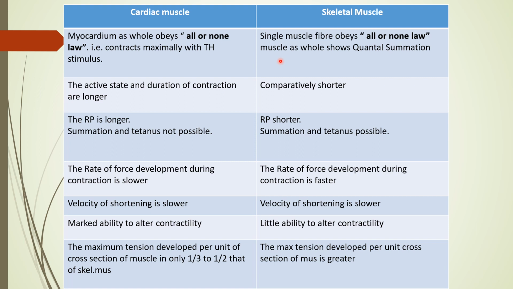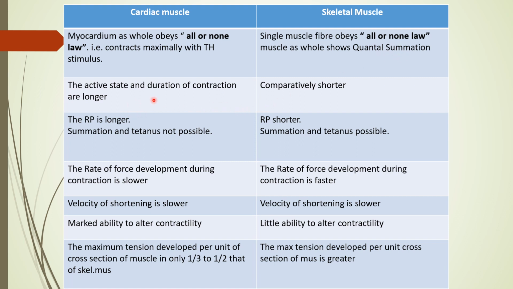In the skeletal muscle, only one muscle fiber obeys the all or none law because the whole muscle shows quantal summation. Okay, if you can remember what quantal summation is, we have told you in the practical classes. So go through them once and revise what quantal summation is.